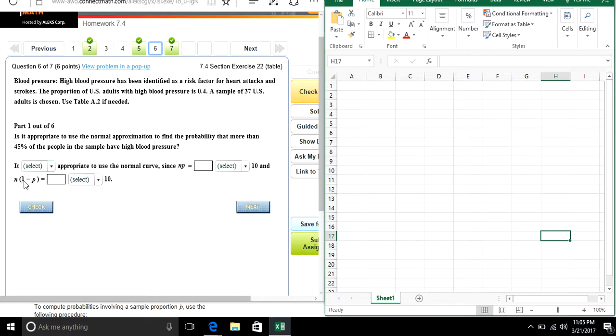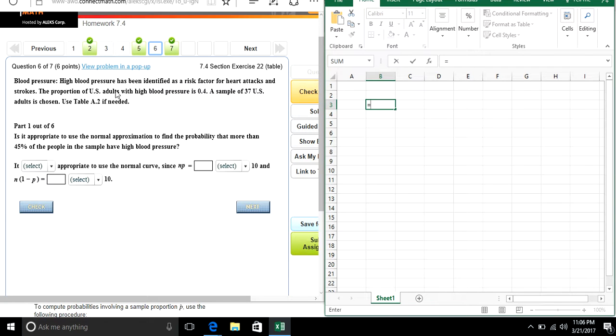Okay, so first one, n times p. So we got 0.4 times 37. High blood pressure has been identified as a risk factor for heart attacks and strokes.